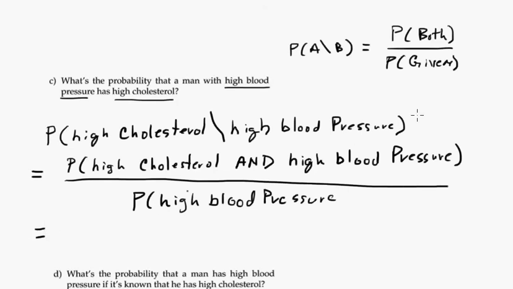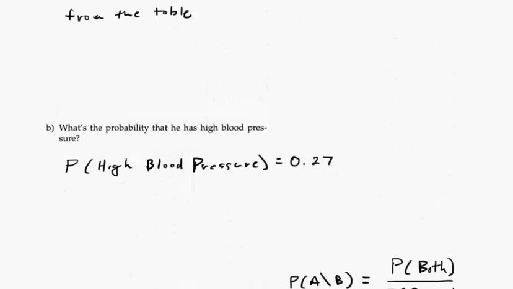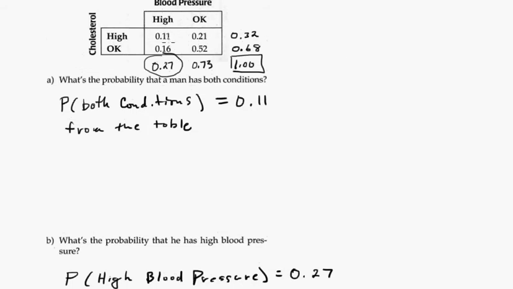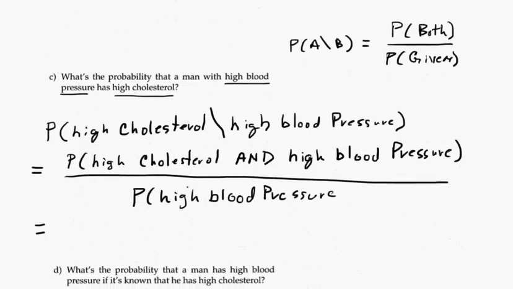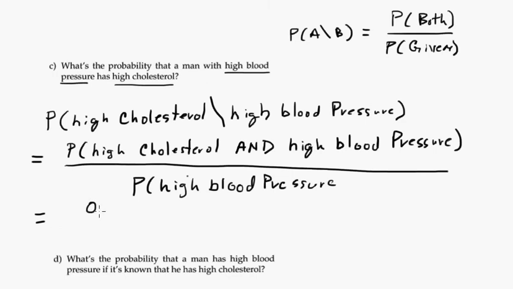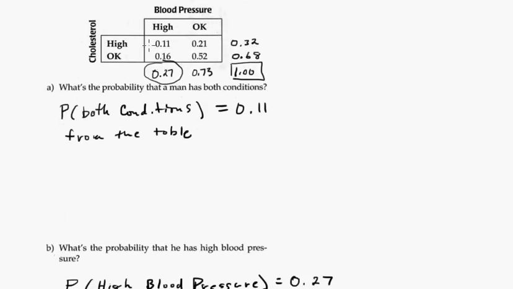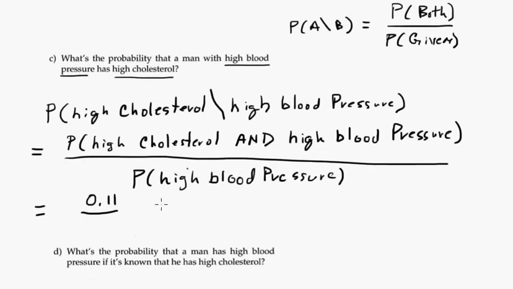So I think we already answered one of them, didn't we? The probability of both conditions is 0.11. So we would have 0.11 divided by the probability of high blood pressure. Well, that was the one we found right here, the probability of high blood pressure, 0.27.